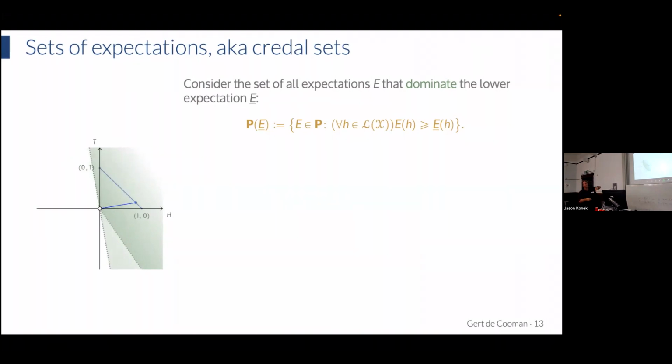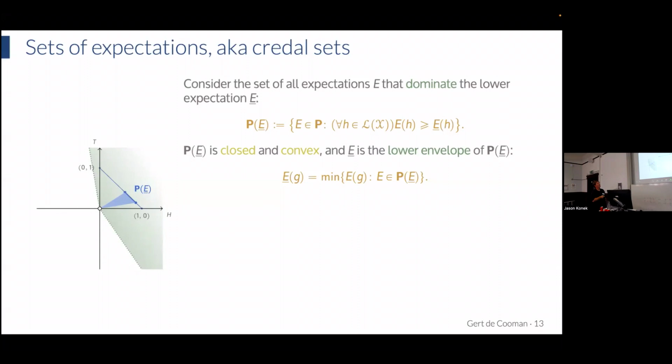And I do this for all the possible semi-spaces that include the cone, or in other words, for all the possible expectation operators that dominate the lower expectation operator. This is the mathematical way of describing what I'm doing here. I'm looking at all the semi-spaces that include the cone. The border is determined by an expectation operator, and they correspond to probabilities in that simplex.